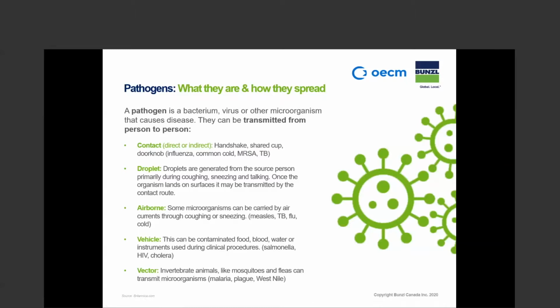And then the last common way that this can happen is through a vector. Animals like mosquitoes and fleas can transmit microorganisms from one to another. The most common one we deal with here in North America would be West Nile.